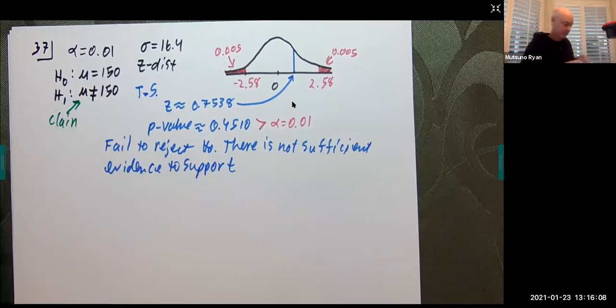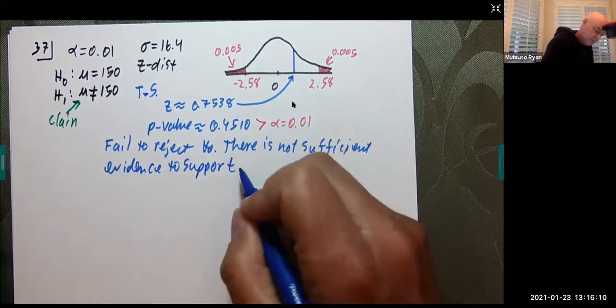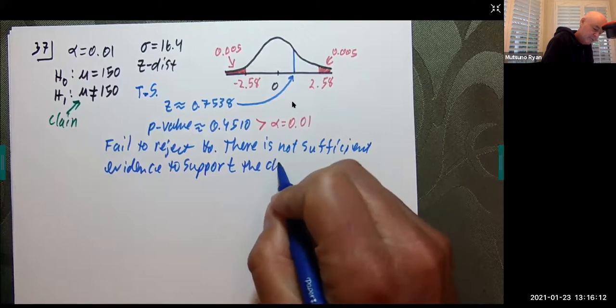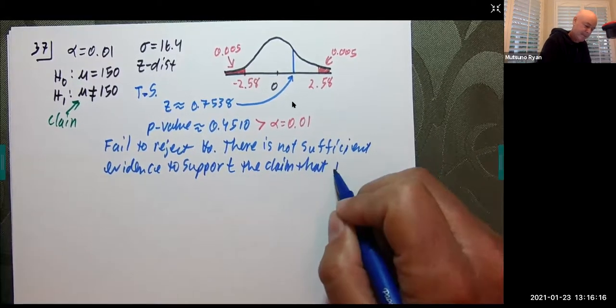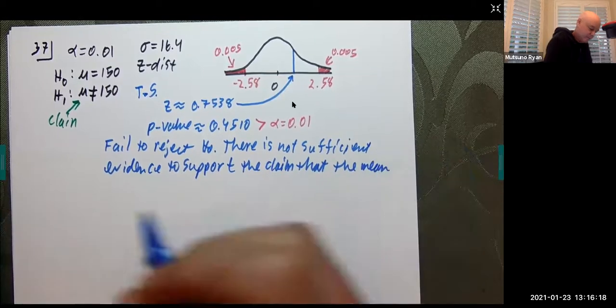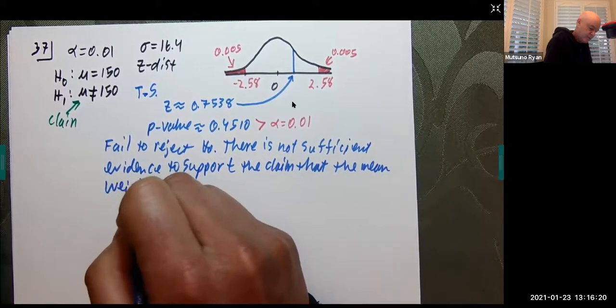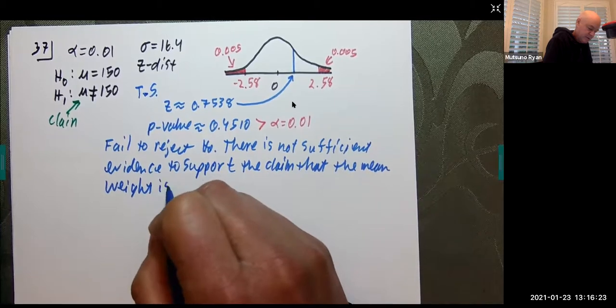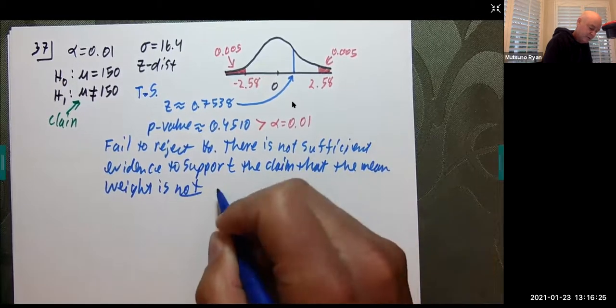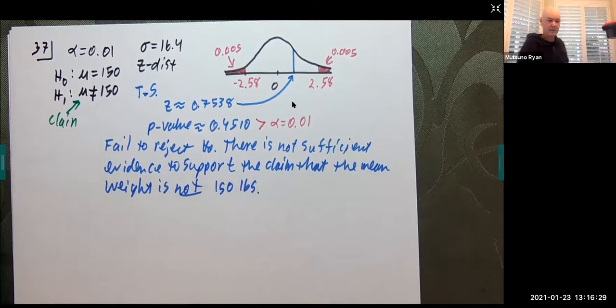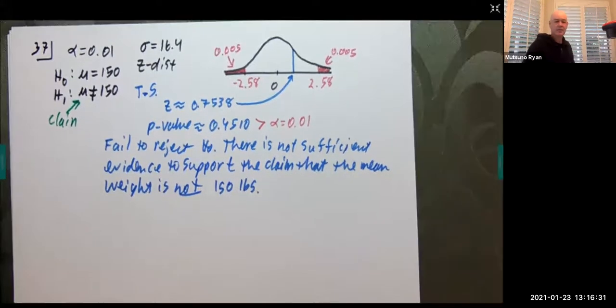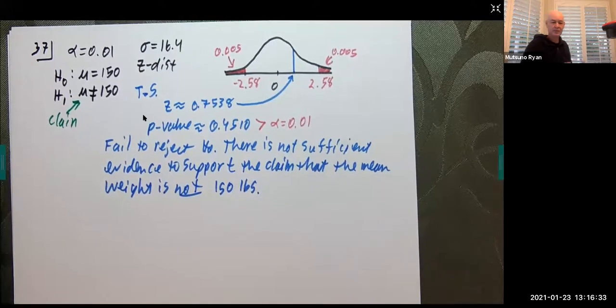So I made it not equal to. The mean weight is not, and that's the change that I made, 150 pounds. And that is 37.